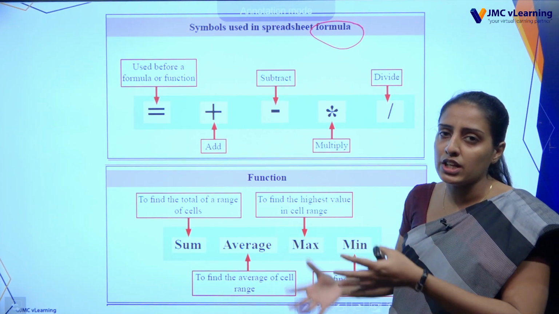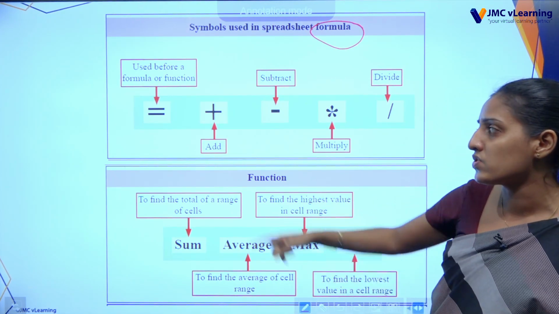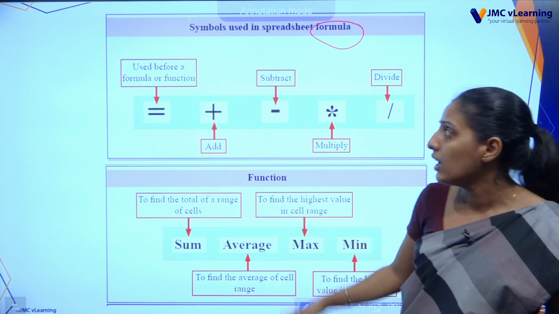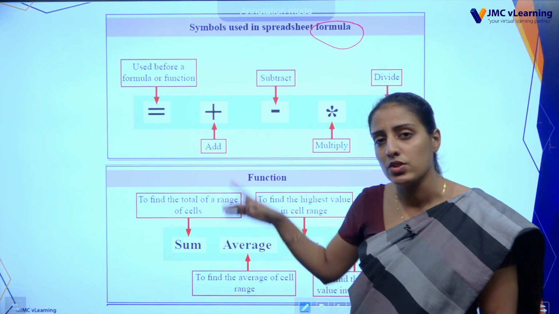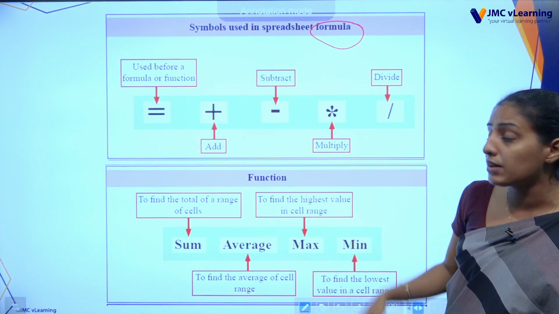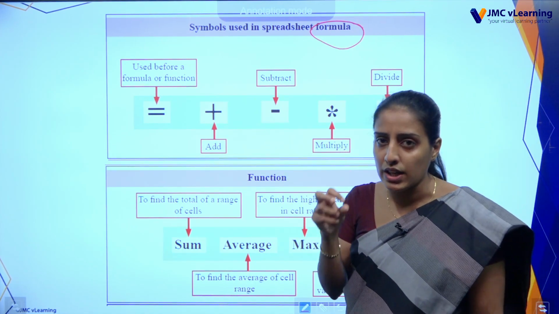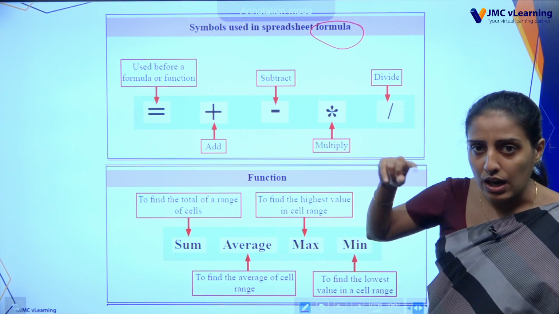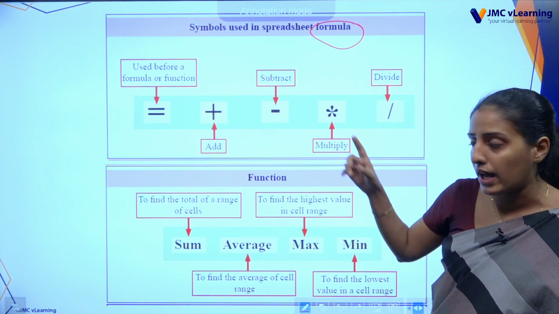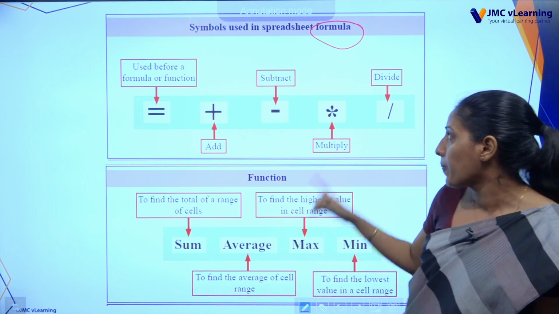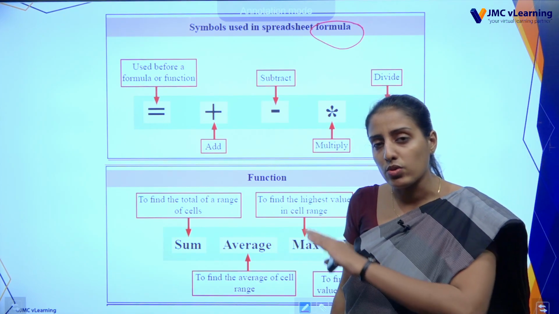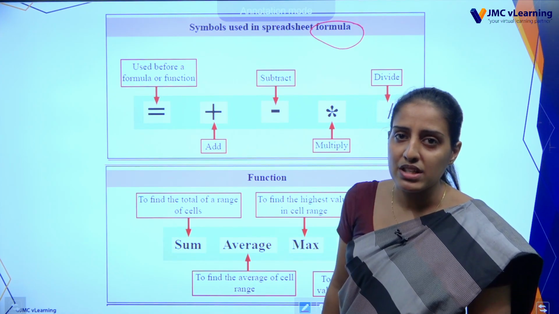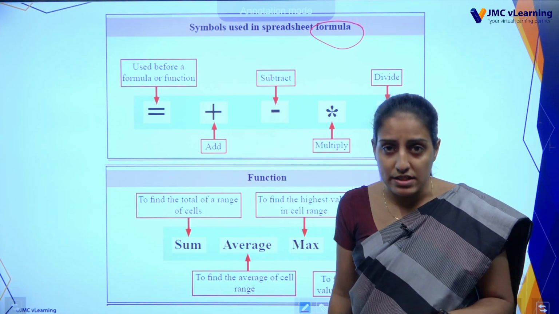If you want to get the total or the addition, we use the plus sign. For subtraction, you can use minus. For multiplication, remember we do not use X, we use the star mark on the keyboard. For division we use the slash. These are the formula symbols we use in MS Excel.